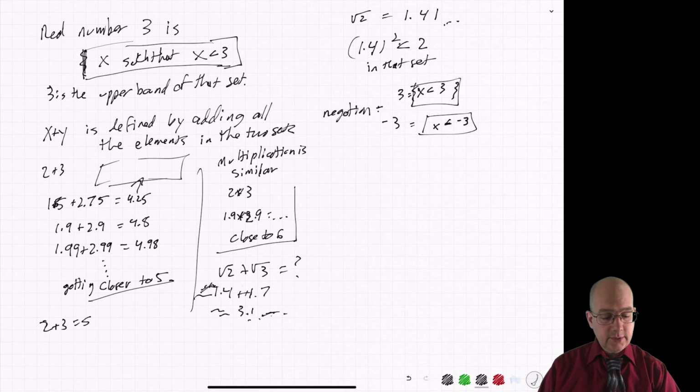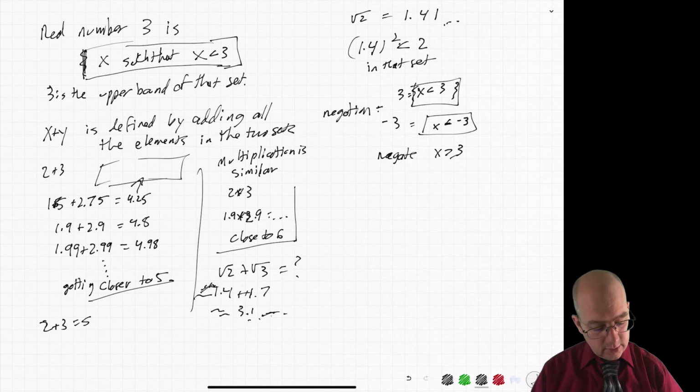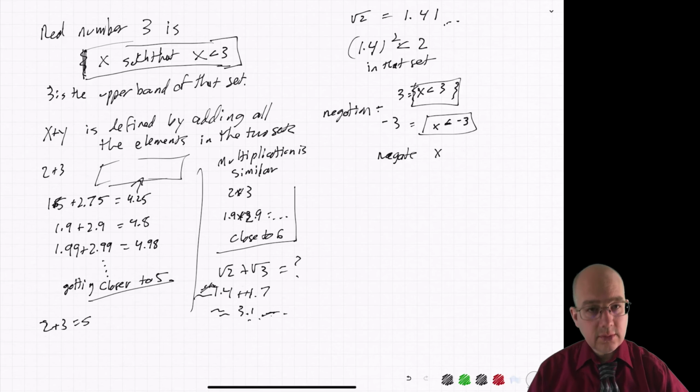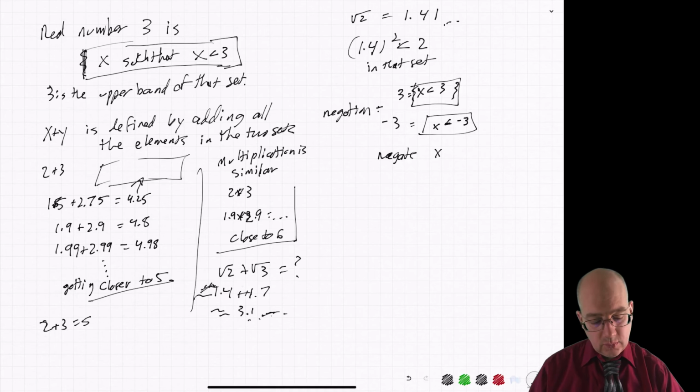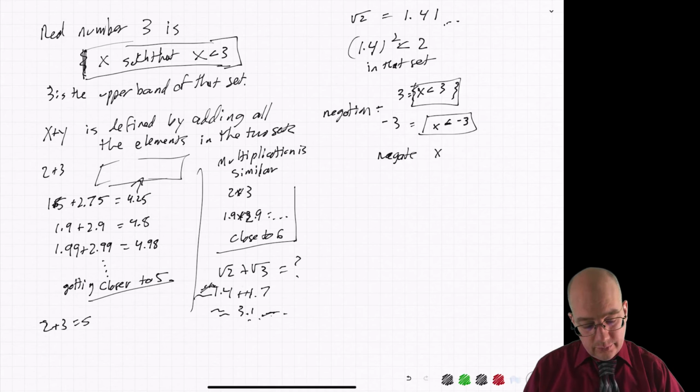But that's also kind of negating the stuff where x is greater than 3. I don't know.